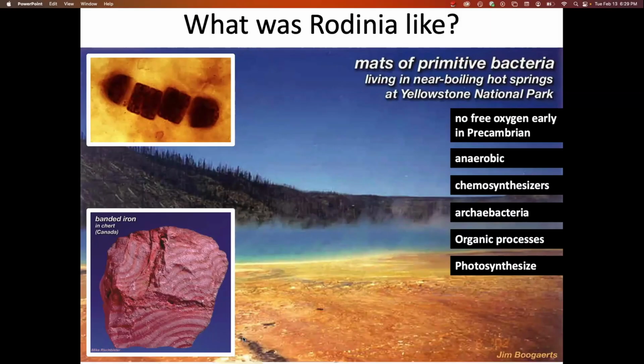So these little critters up here on the left, they are photosynthetic. They do have the precursors to chloroplasts. They are cranking out very low levels of oxygen that gradually, over hundreds of millions of years, builds up in Earth's atmosphere to give us the atmosphere that we have today.